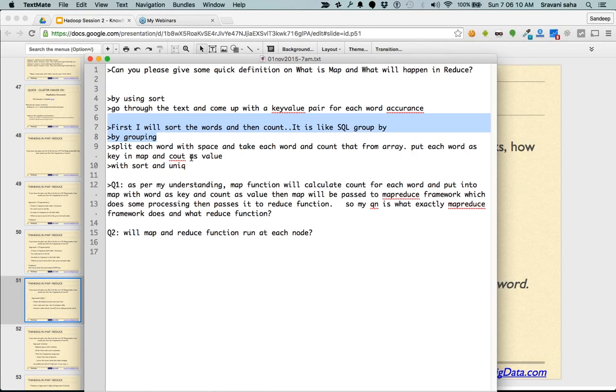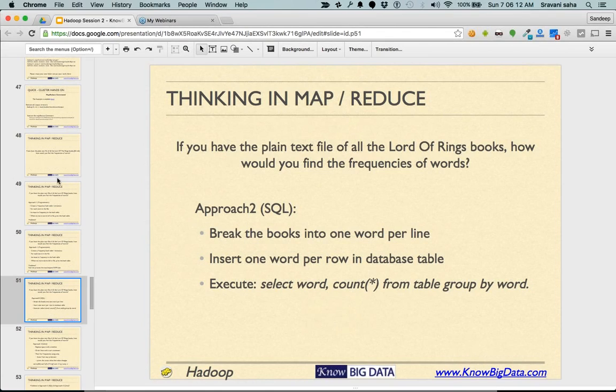So in this approach, it's a standard work which people do in IT, churning the data. Here we are trying to convert the plain text from books into word count.